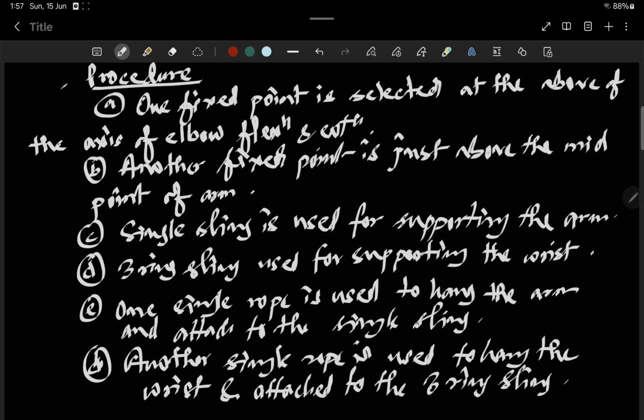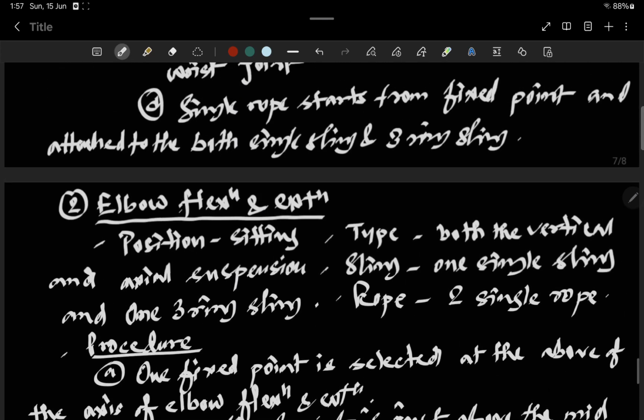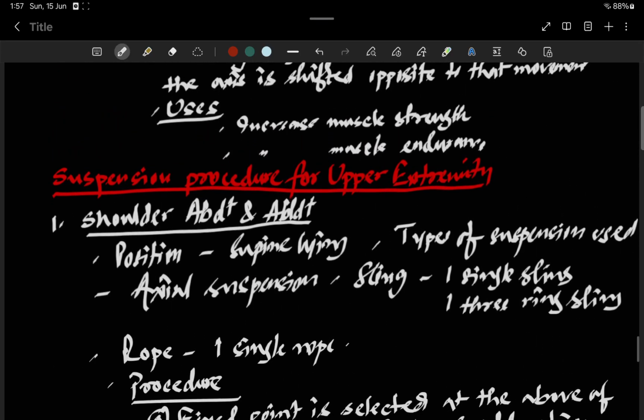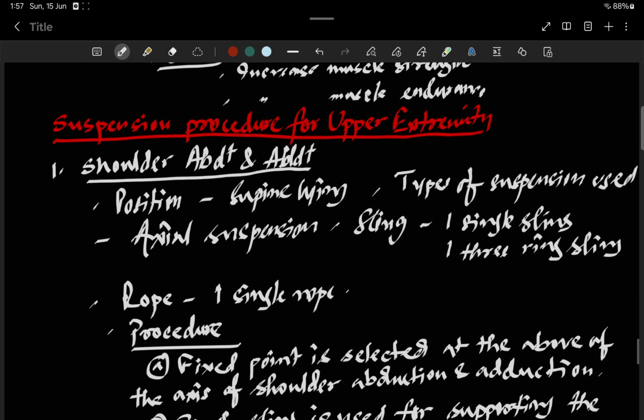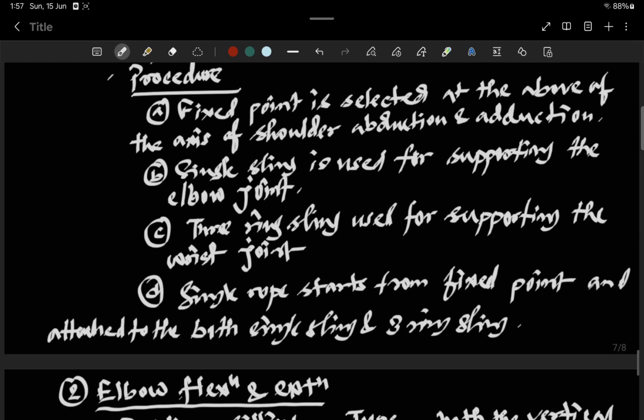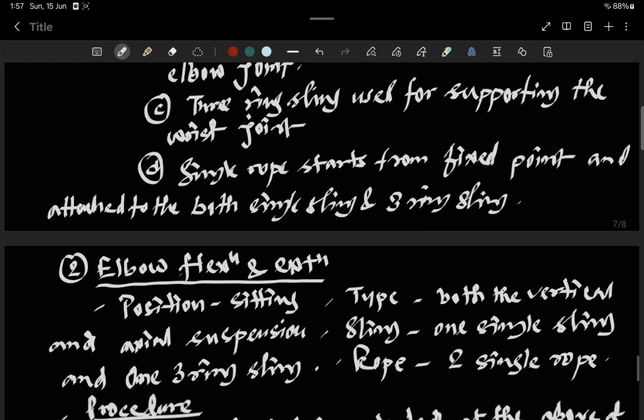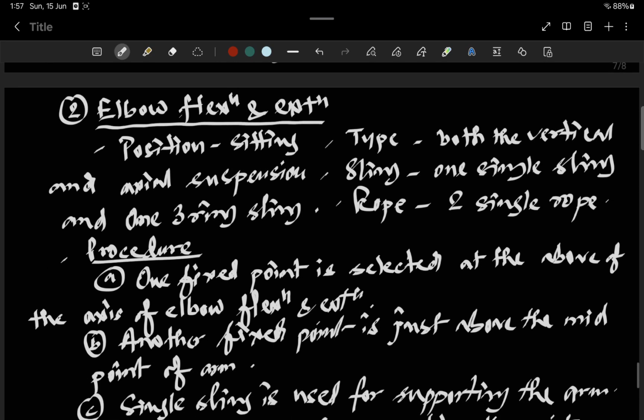So this is the suspension procedure for the upper extremity. Now we'll go to the suspension procedure of lower extremity.